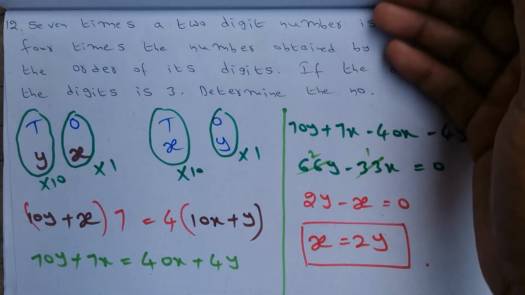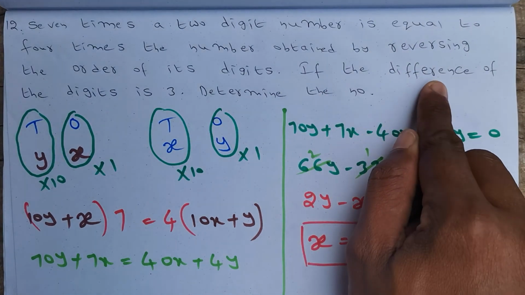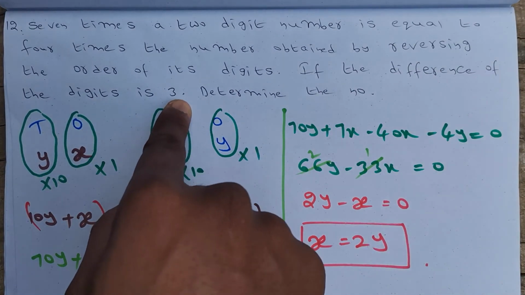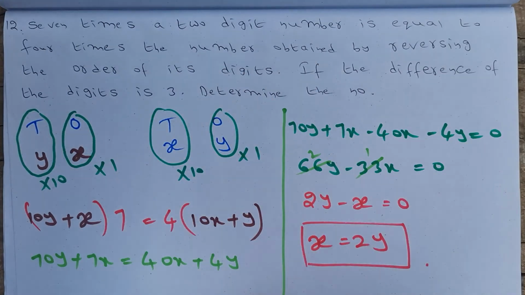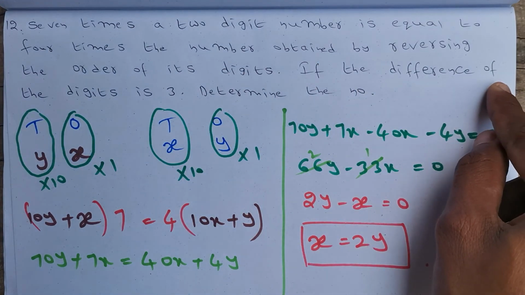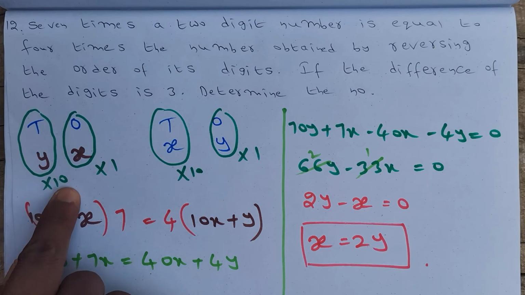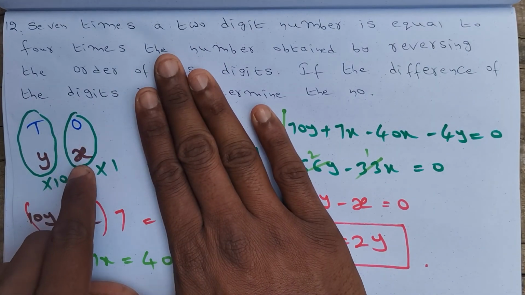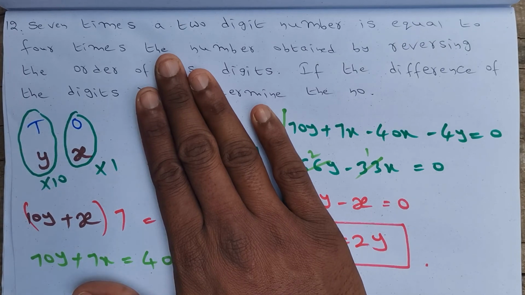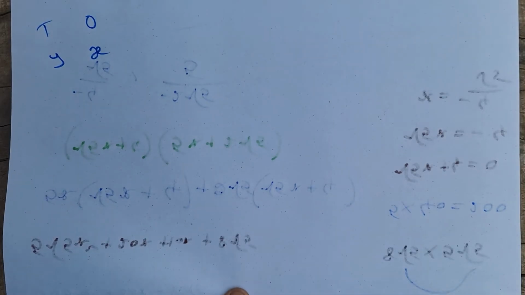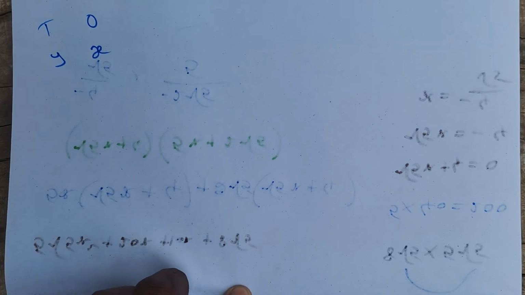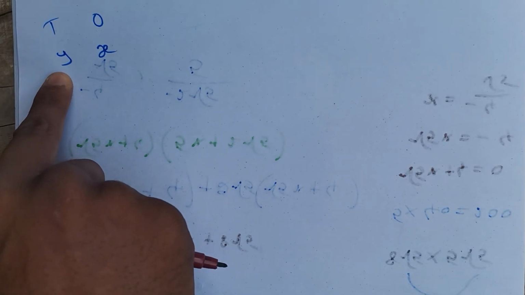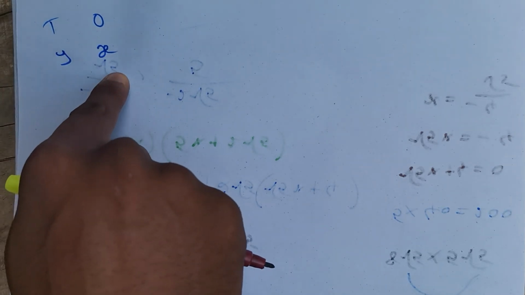Next, the second condition: the difference of the digits is 3. Whenever we are looking at the second condition, we need to go with the first number only, not the second number. Completely forget about this now. So the ones place we have x and the tens place we have y. As given in the question, the difference of the digits is 3. We don't know whether the tens digit is bigger or the ones digit is bigger.